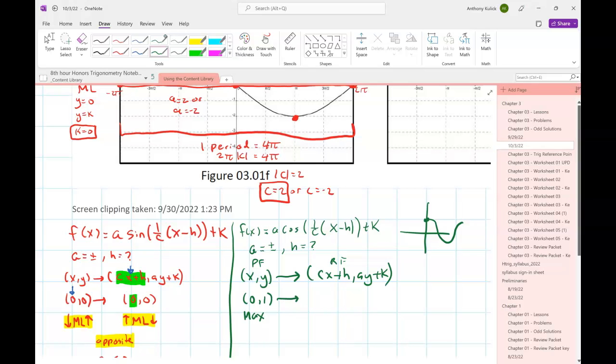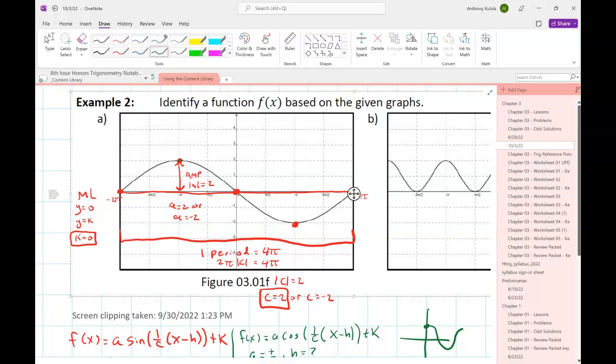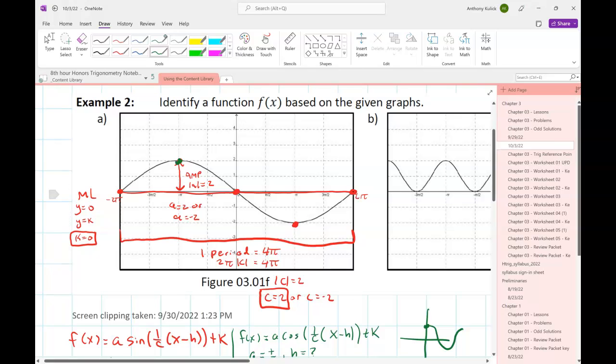So what I can do now is go to my graph and pick any extrema to pair with cosine. I could pick this maximum at negative pi comma 2, or this maximum at positive pi comma negative 2. Doesn't matter which one.